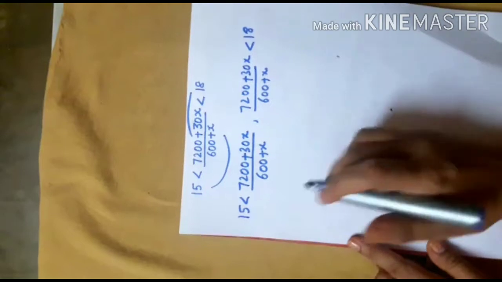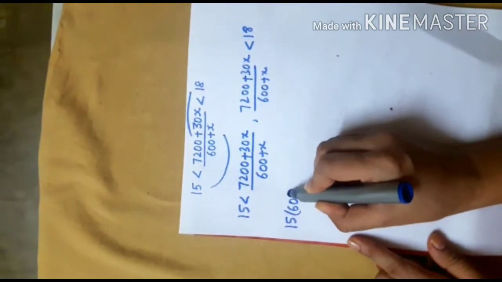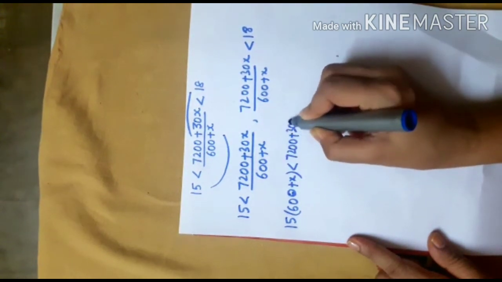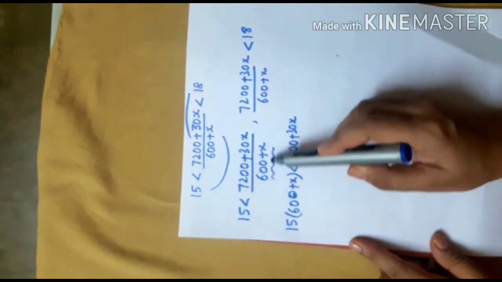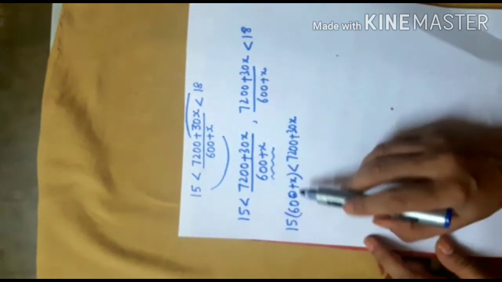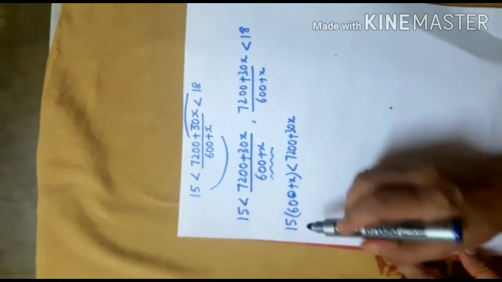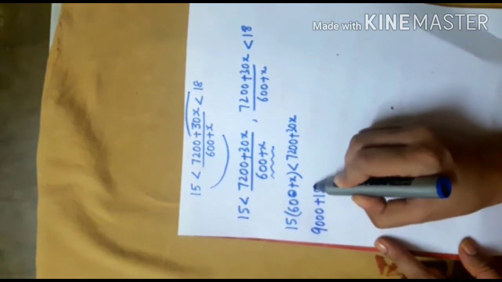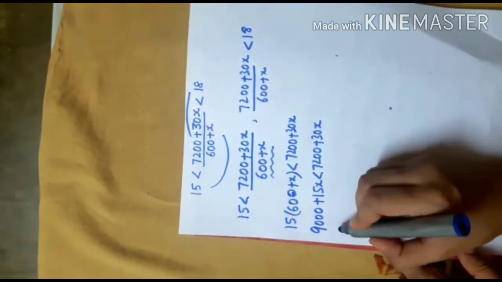So first I'll solve this inequality. Here I'll multiply 15 with 600 plus x. This was the total quantity of the mixture, so it has to be positive. So I have multiplied with a positive number, so sign of inequality will not change. To solve, I'll open the bracket. Here I'll get 9000 plus 15x less than 7200 plus 30x.